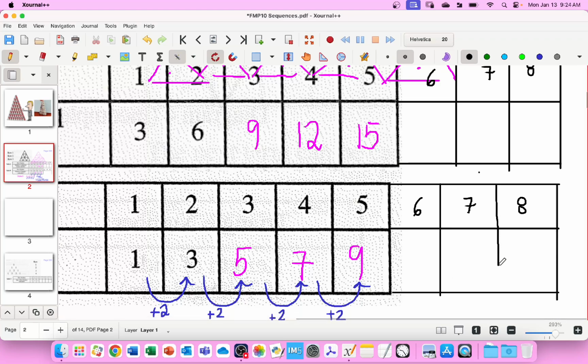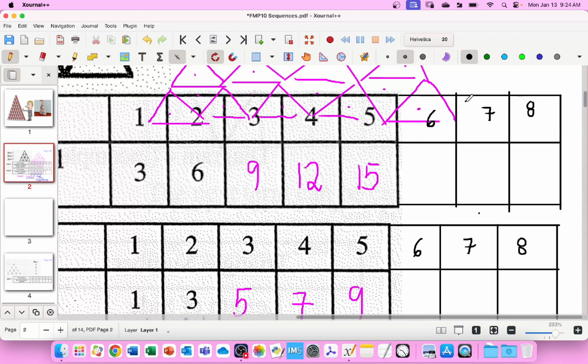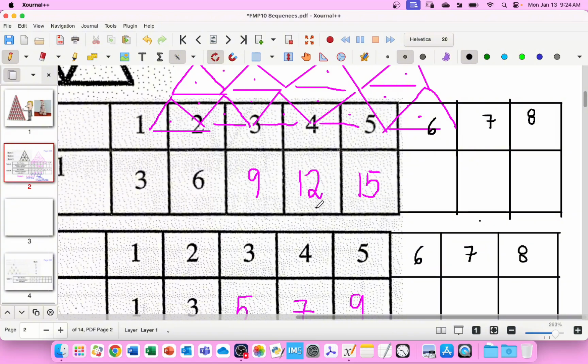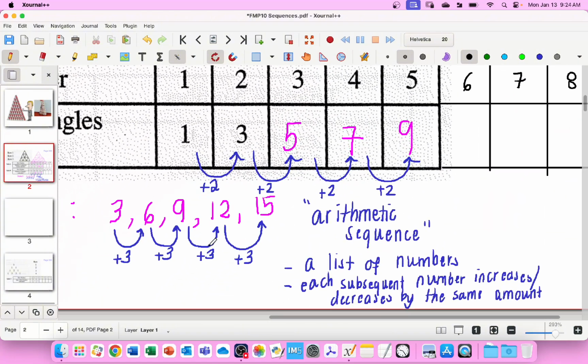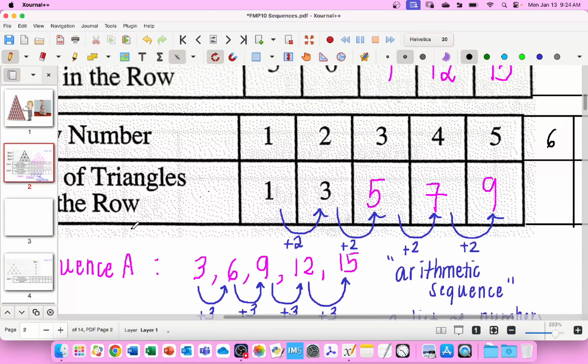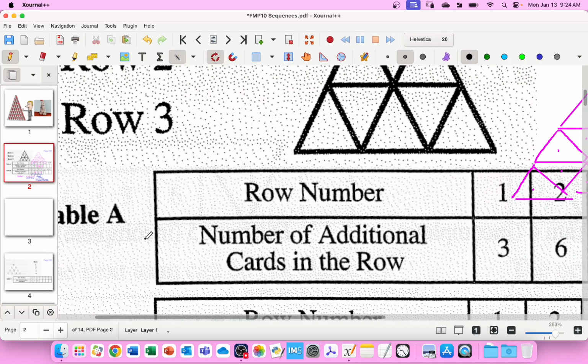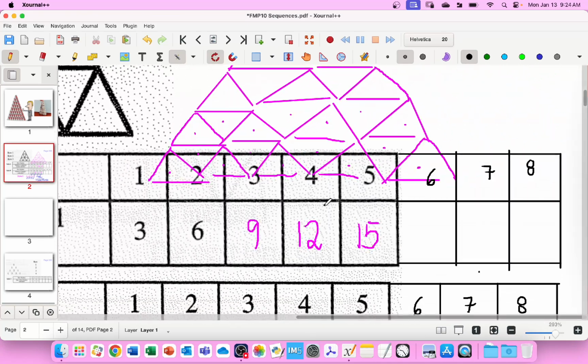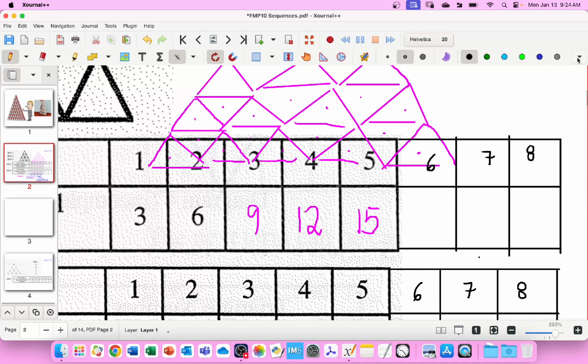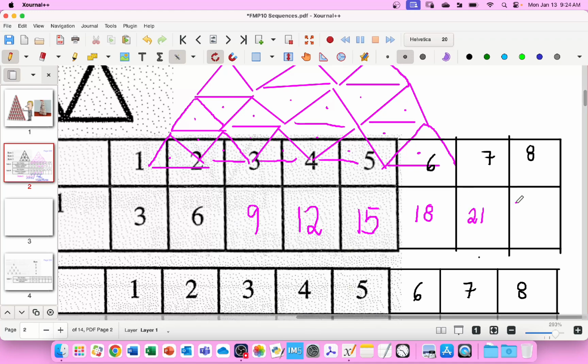So let's say I wanted to figure out, well, what's my 6th row? Well, I know it increases by 3, right? That's what I saw for that sequence A, table A. So that tells me that row 6 has to have 18 new cards added. Row 7 has to have 21 new cards added.